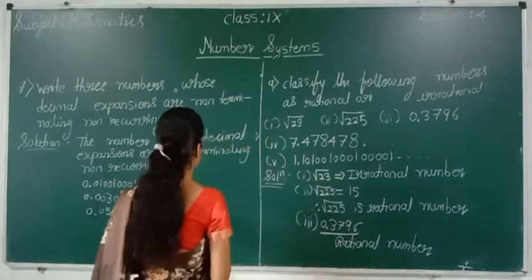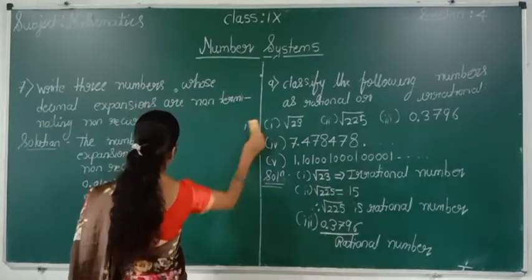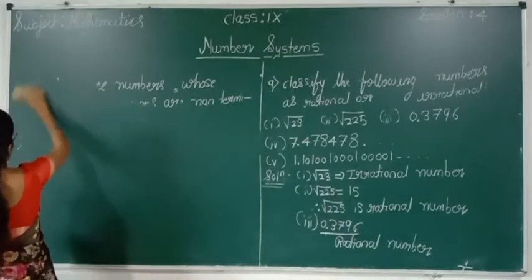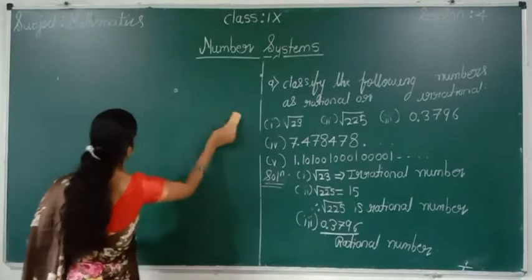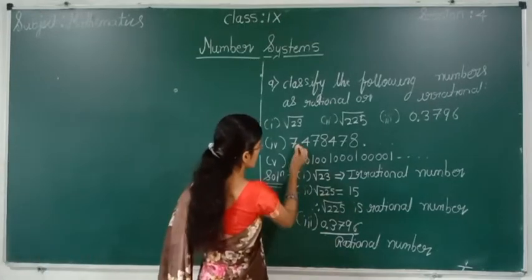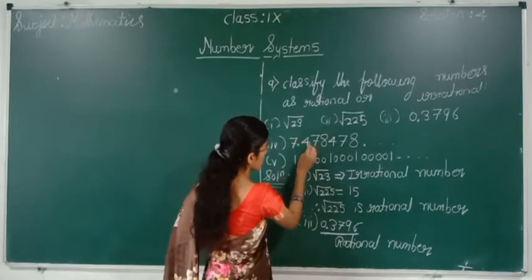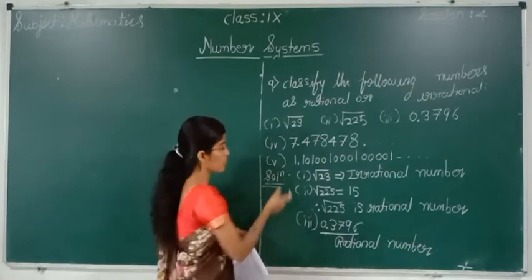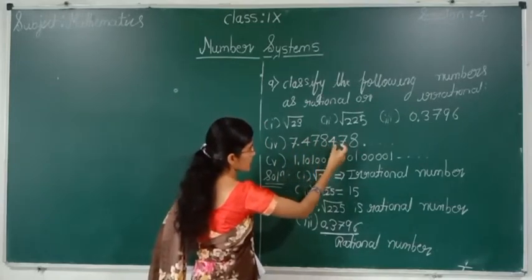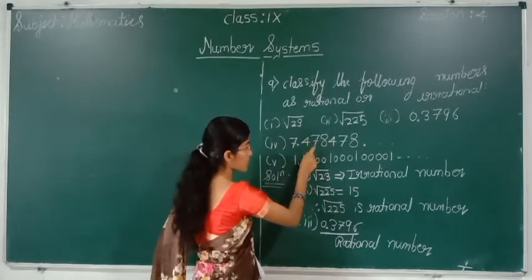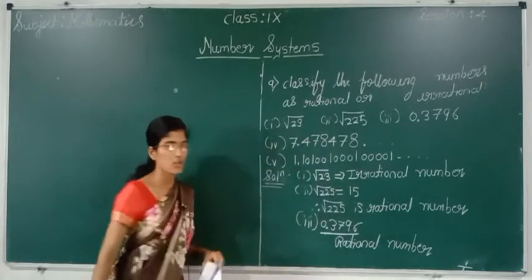Now we see the fourth one. Tell me whether the fourth one is rational or irrational. We have to see the decimal expansion of this: 7.478478. Here 478 is getting repeated. Therefore, this is non-terminating recurring.